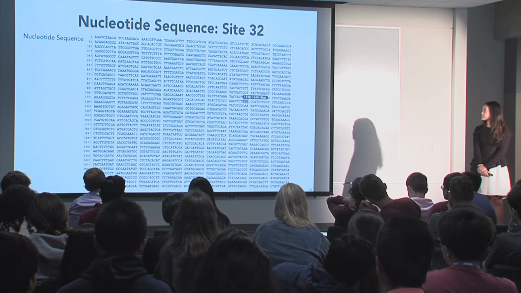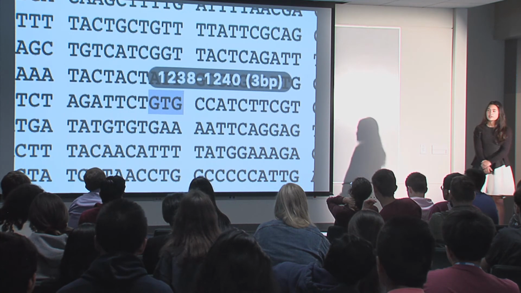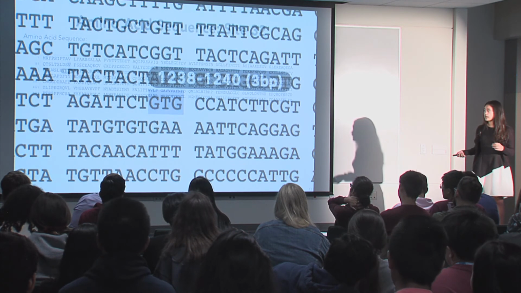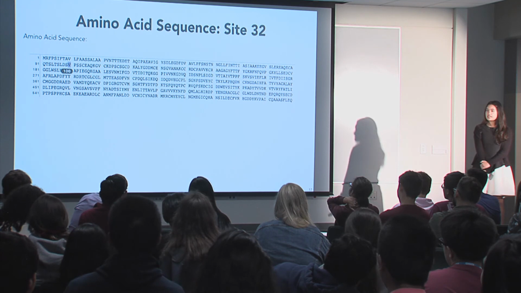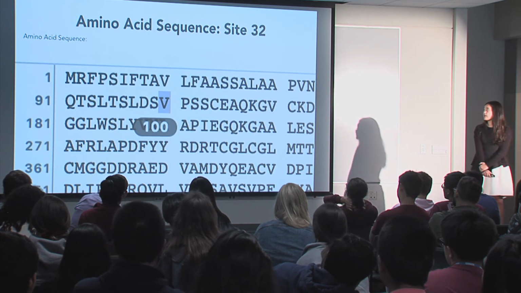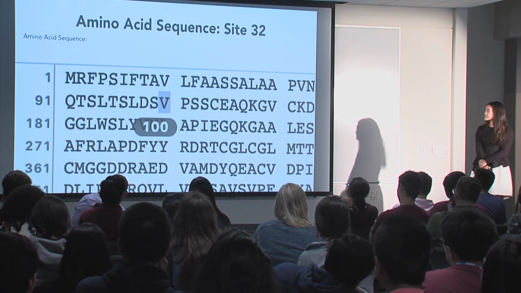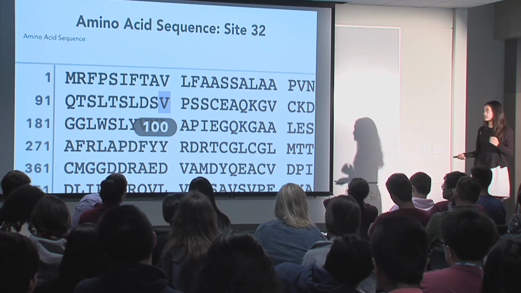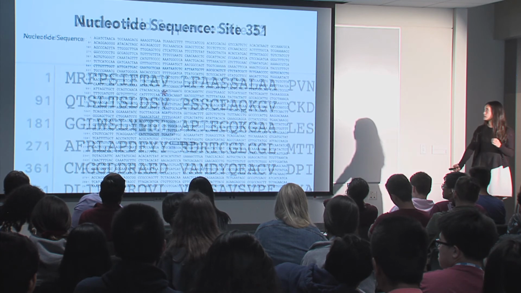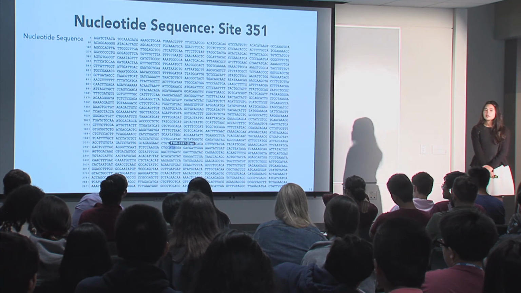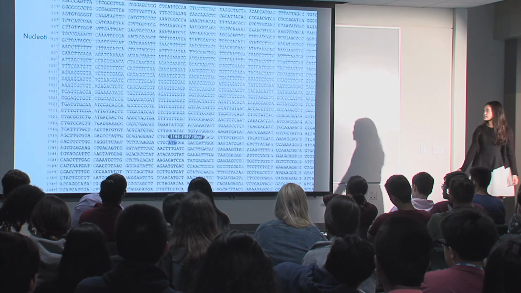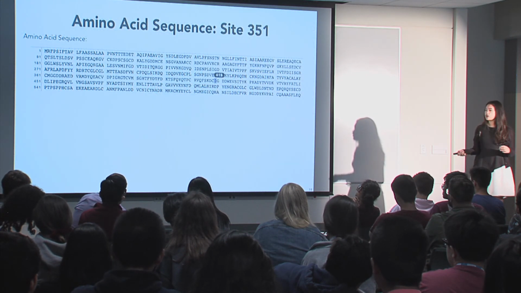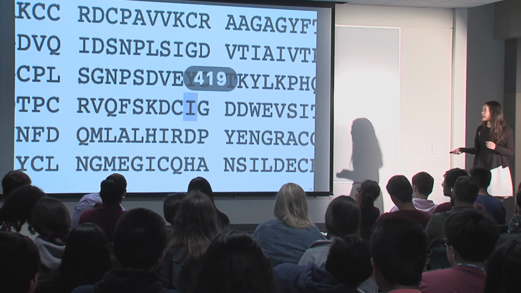Site 32's mutation was successful, with the previous sequence GCG being transformed into GTG, as well as the amino acid being changed from alanine to valine. The rest of the plasmid kept its integrity, which meant our mutagenic PCR was successful for site 32. Site 351 was also successful, with the sequence GTA changing to ATA, and the amino acid also changing from valine to isoleucine.